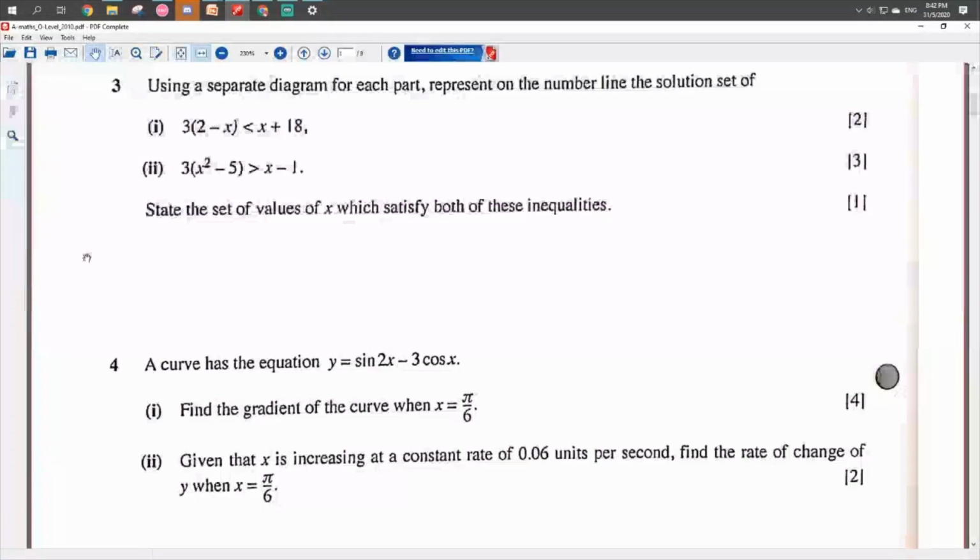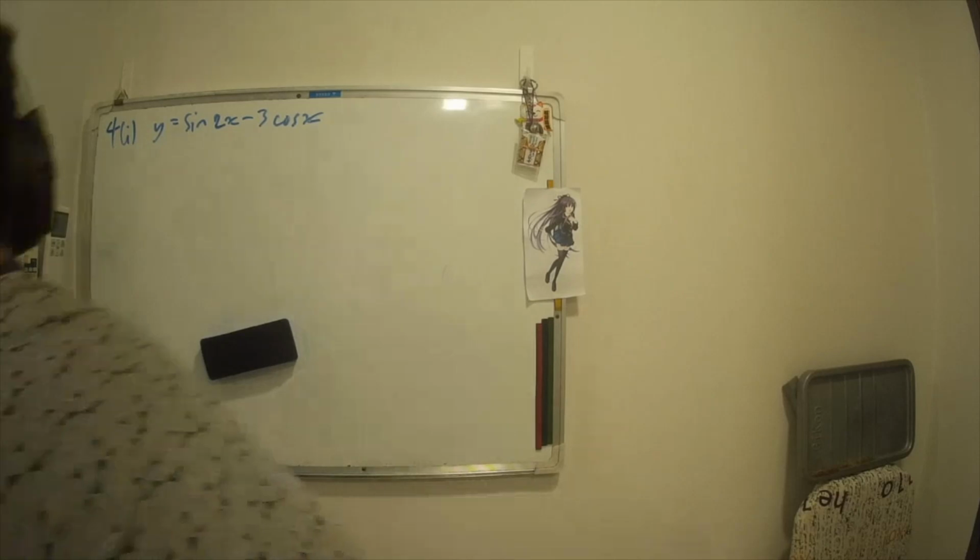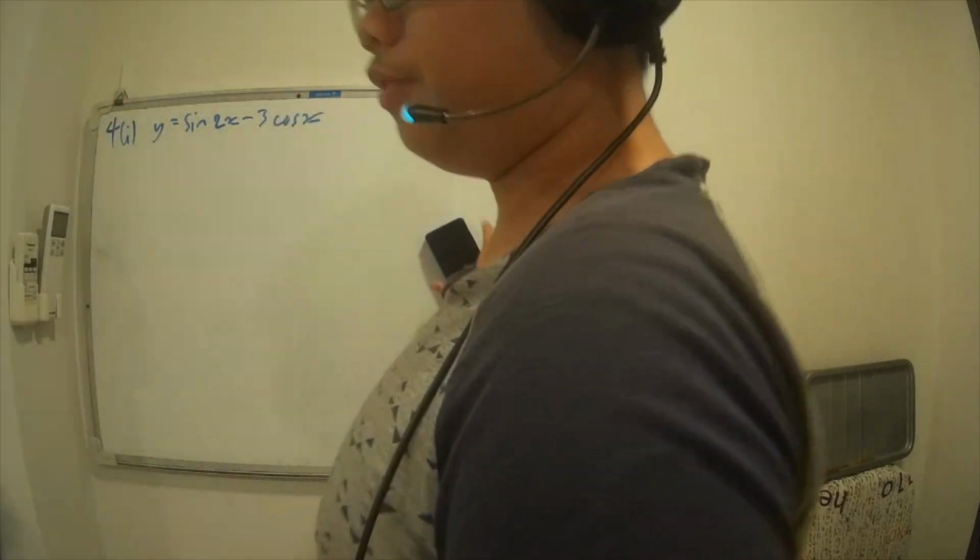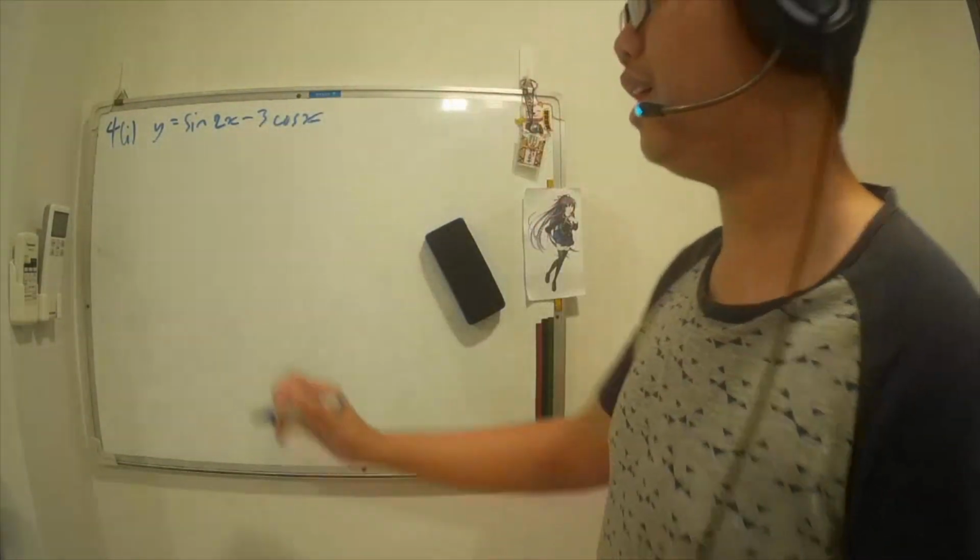Question 4. A curve has the equation y equals sine 2x minus 3 cosine x. Okay, let me just write that. Alright, then find the gradient of the curve when x equals pi over 6. Okay, so first thing we must do is find the dy dx, right?